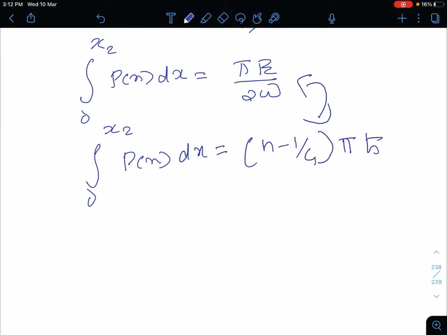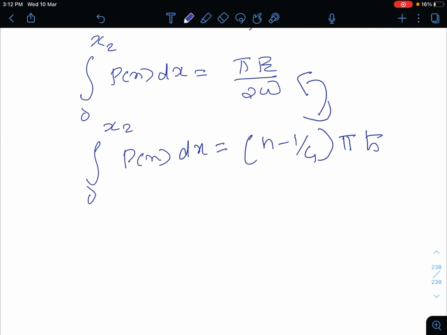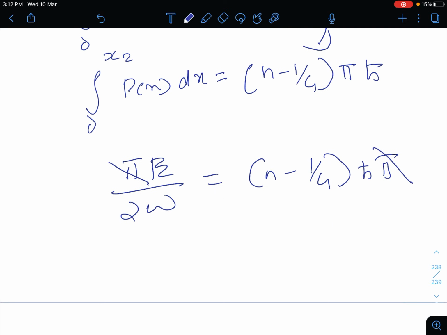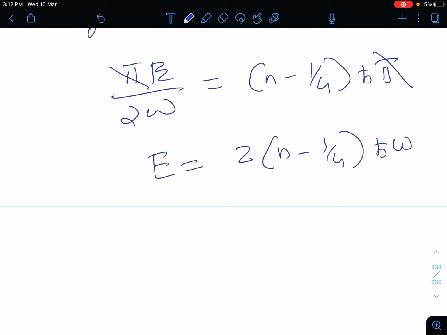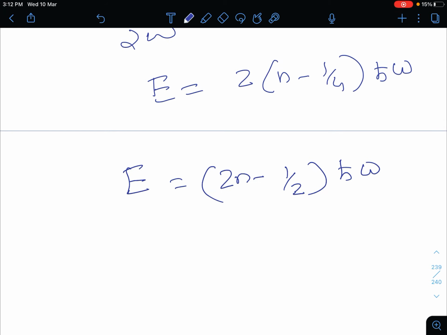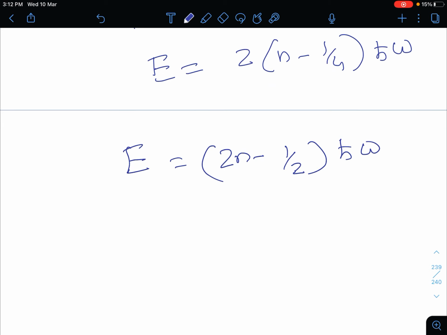So equating these two, because the left hand side is the same, pi E by 2 omega is equal to n minus 1 by 4 h cross pi. So E is equal to 2 into n minus 1 by 4 h cross omega, that means 2n minus half h cross omega. Okay, so that is a beautiful result.